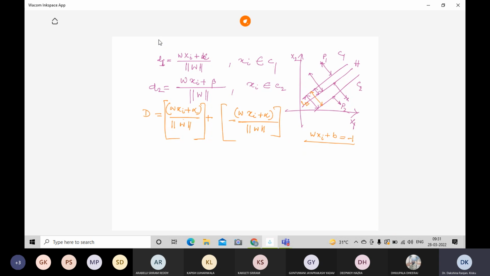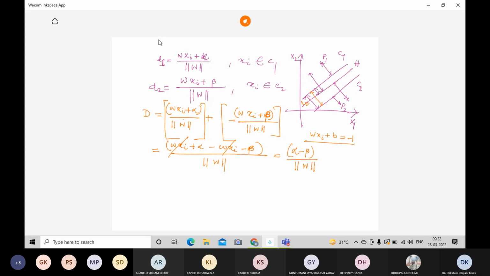Here we will get Wxi alpha minus Wxi, oh sorry, this is beta. Okay, so the Wxi gets cancelled. What remains is alpha minus beta divided by W.